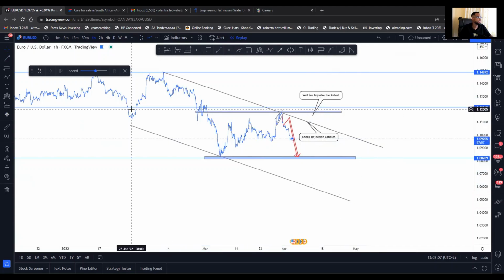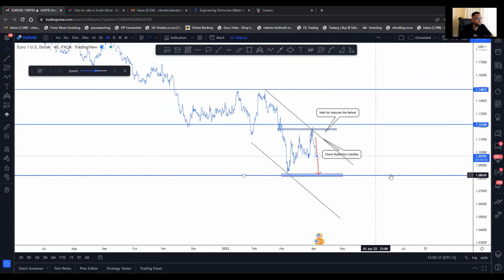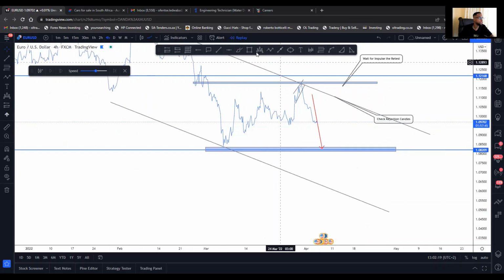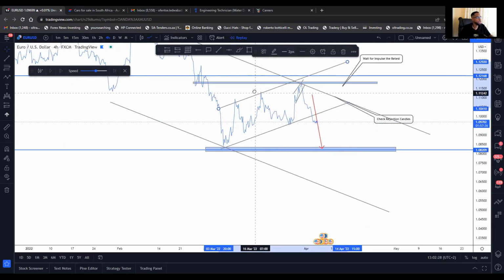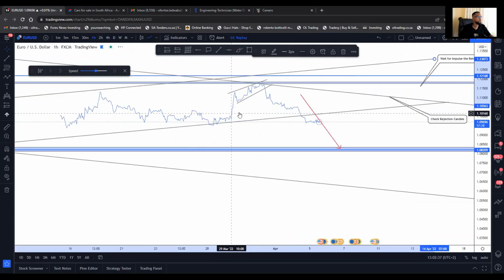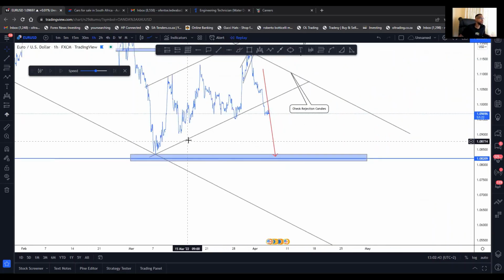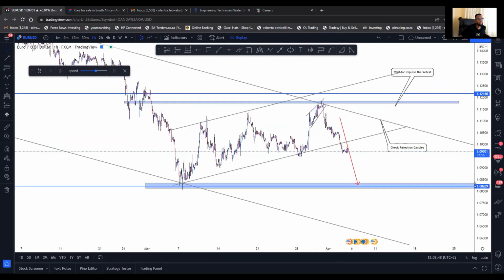So I still believe we are still gonna push to the downside because we see that we have broken this trend inside a trend. Okay, now let's go to 1 hour. Let's see, we are still in a bearish, we are still selling.